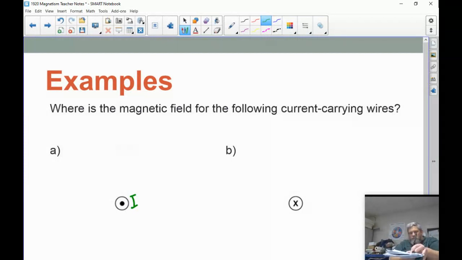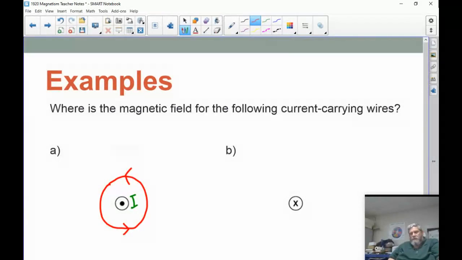So if you want to take a pen and show it going up out of the page, your thumb is going to be pointing out of the page, and my fingers are going to wrap this way. And if I look down on it, we see that that's counterclockwise. So we would draw a circle around here, I'll do it another color, and then we would draw an arrow to indicate that it's going counterclockwise.